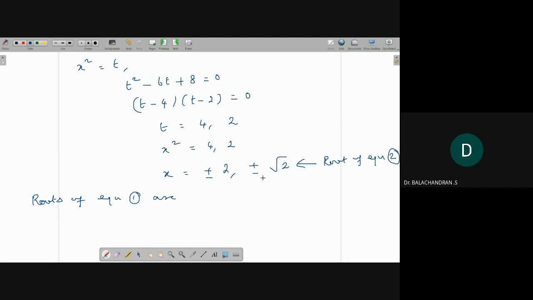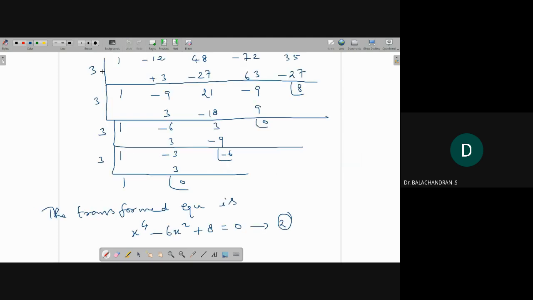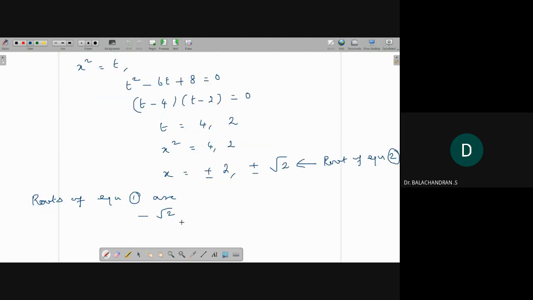I will write in increasing order: minus root 2. Actually, I diminished by 3, so I need to add what? Plus 3. So next, root 2. Okay, root 2 plus 3 and then minus.